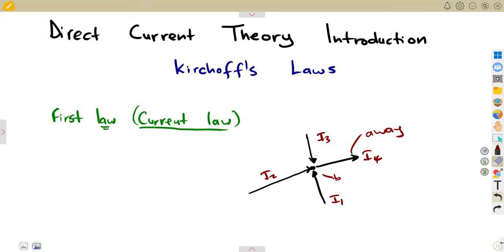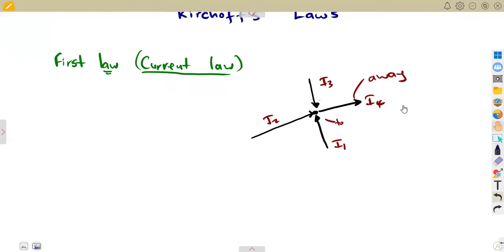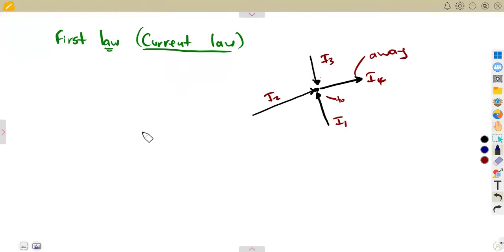So it is stated that these currents have a relationship. The relationship is that the sum of these currents must be equal to 0.